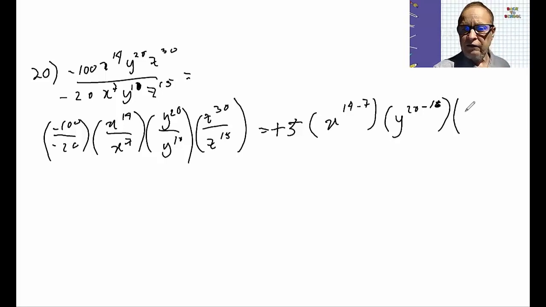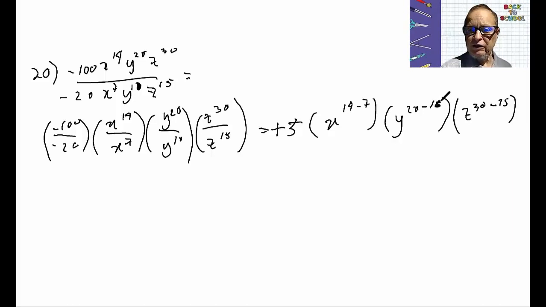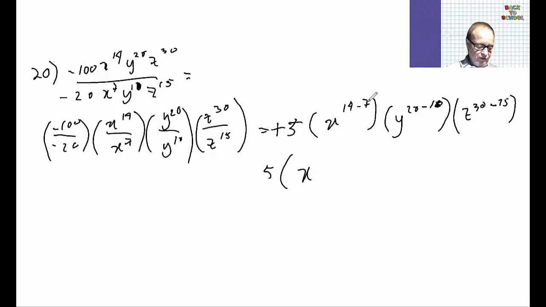And then z to the 30 minus 15. Be careful there. That is to the 10. And then I get 5. X, well, 14 minus 7 is 7. And then I get 20 minus 10 is 10.